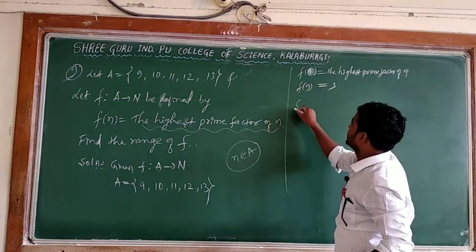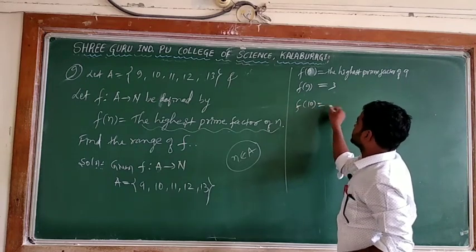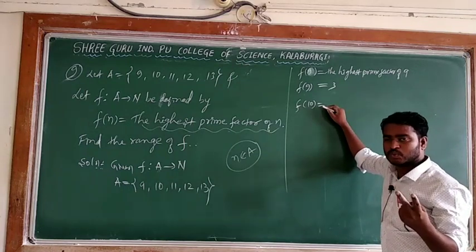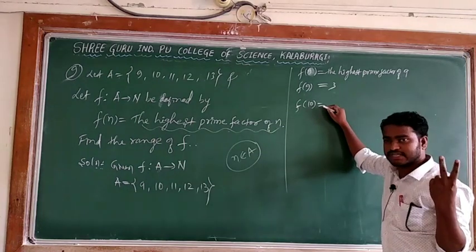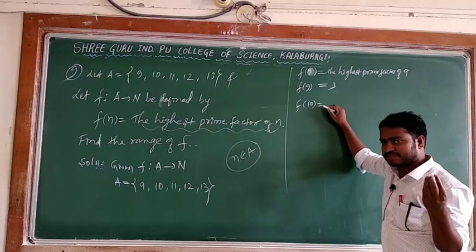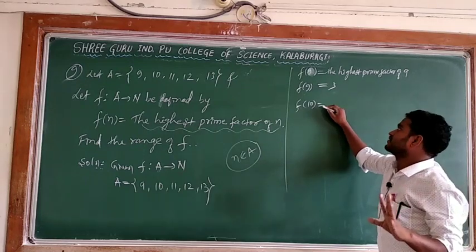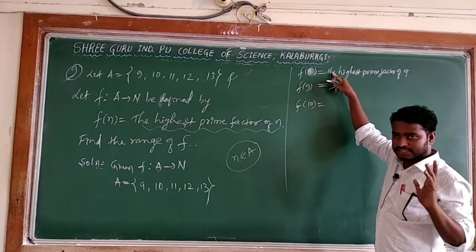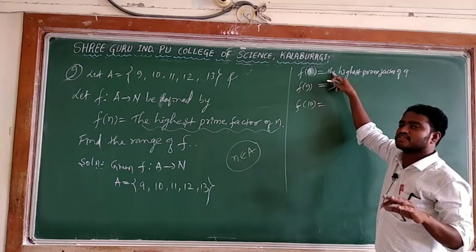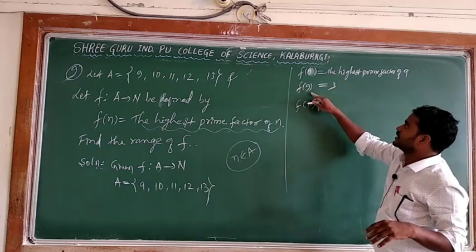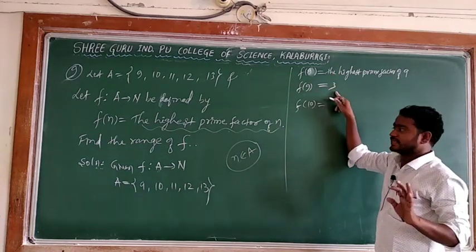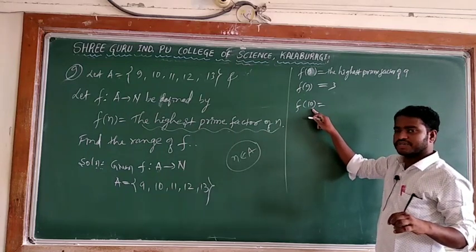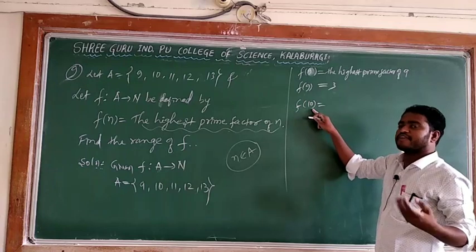Like f of 9, now f of 10. The factors of 10 are 1, 2, 5 and 10 itself.